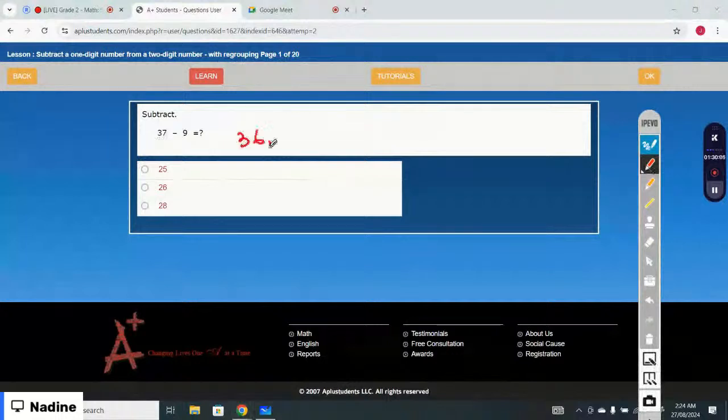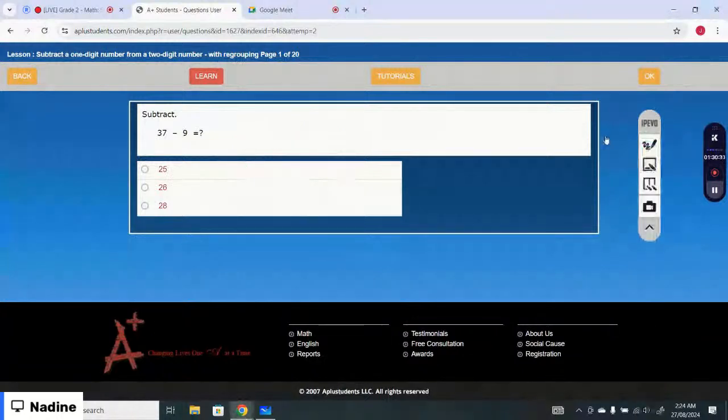That is 36, 35, 34, 33, 32, 31, 30, 29 and 28. So you end up on 28. So that means 37 take away 9 is 28. So the correct option is 28. Option number 3 is the correct option. So 37 take away 9 is 28.